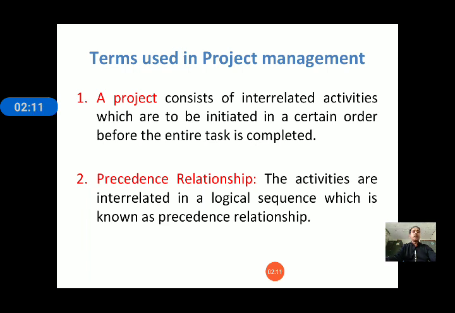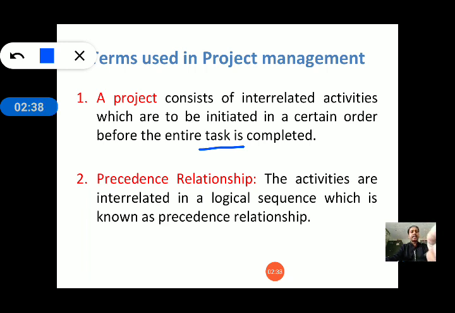In lecture 2, the topic is terms used in project management. There are various terms. First is project. A project consists of interrelated activities which are to be initiated or started in a certain order before the entire task is completed.